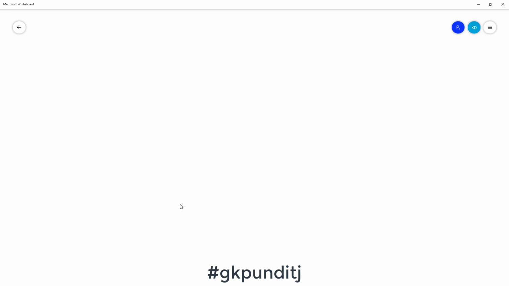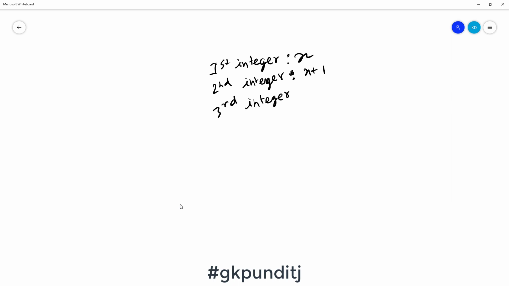Now I'm clearing this. The first integer is x. The second integer is x plus 1. The third integer is x plus 2.